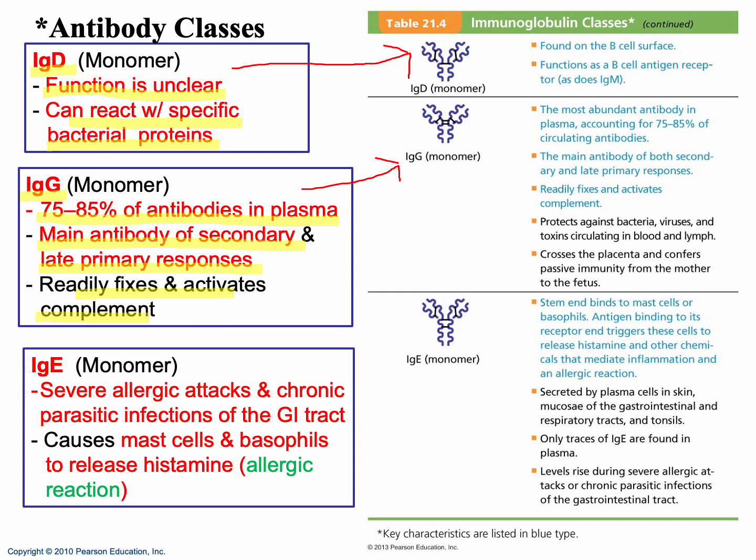And then the last one of antibody classes for you to know is IgE. This antibody is very important when someone has a severe allergic attack. So maybe they have an attack from bees or hornets or wasps, or maybe they're allergic to food, maybe they're allergic to peanuts or seafood, okay? And it also plays a role with chronic parasitic infections of the GI tract.